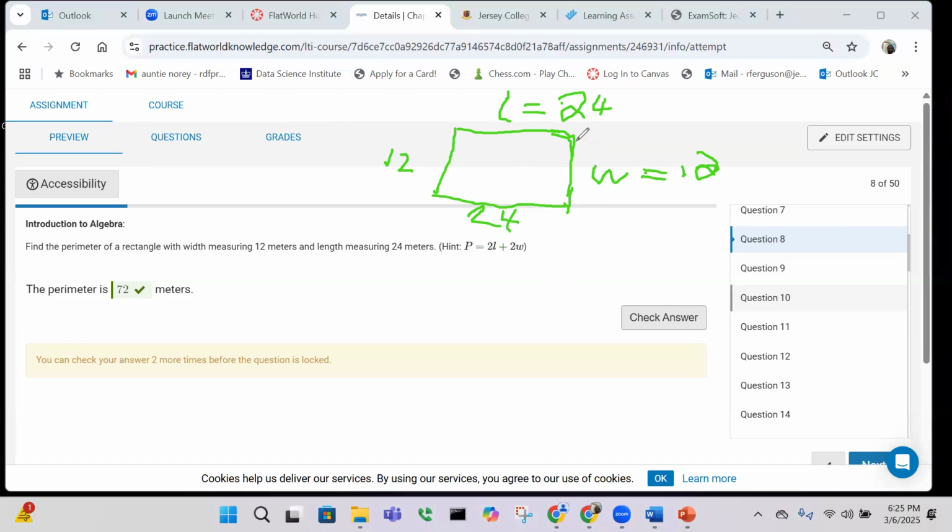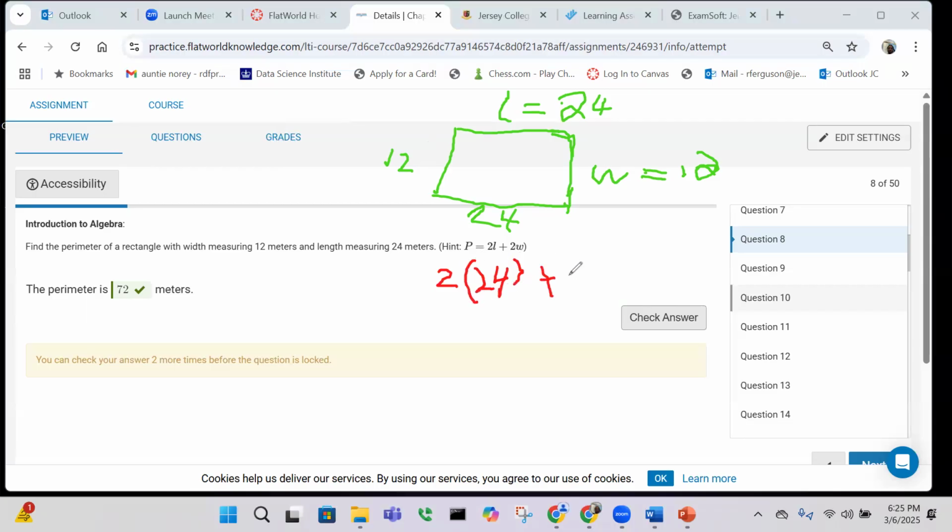So if we count it up, you're going to get 12 plus 24 is 36. On the other side, 36 and 36 is 72. Here, I got 2 times 24 plus 2 times 12. Let me use the red, bright.